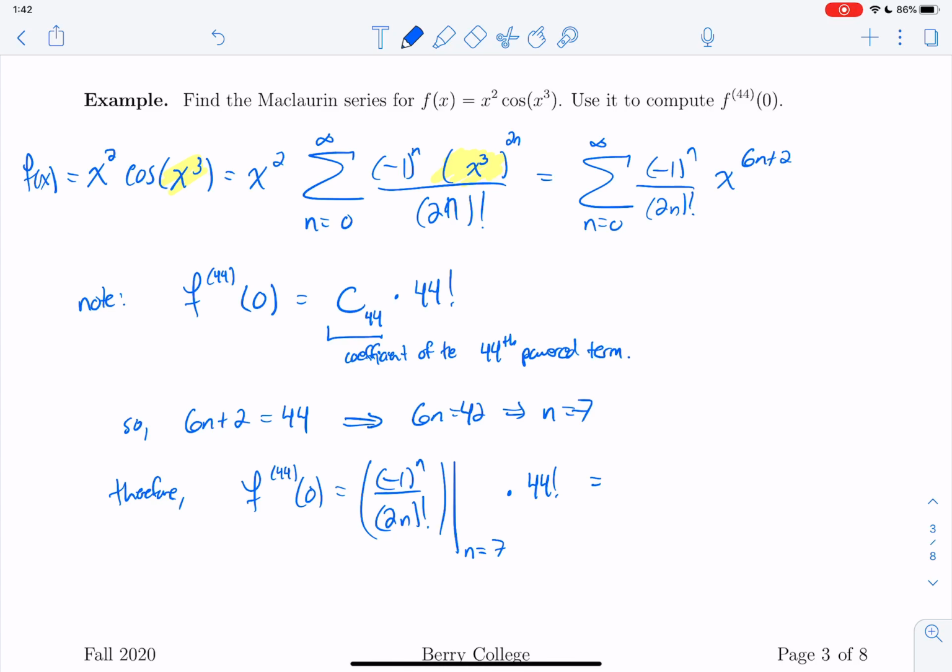And if you compute that, we're going to get a negative 44 factorial over 14 factorial. It's a large number, but that is the number at the end of the day. So this is another example of using the Taylor coefficients to determine high-order derivatives evaluated at the center.